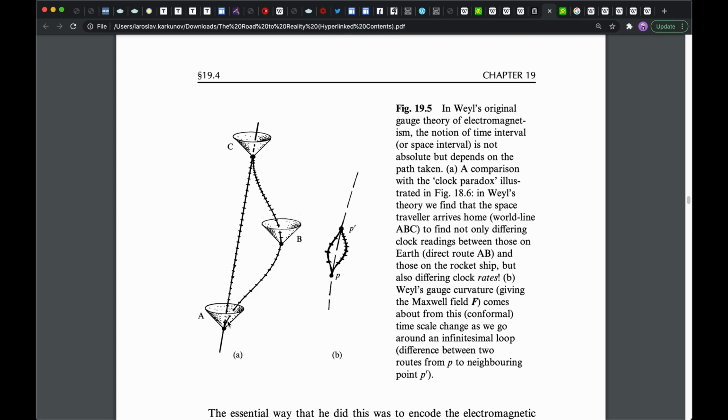But in that case you can see that depending on the path, the rate with which the clock ticks changes here. And therefore after the twin arrives back to the Earth, he can discover that his clock ticks differently from the clocks on the Earth.